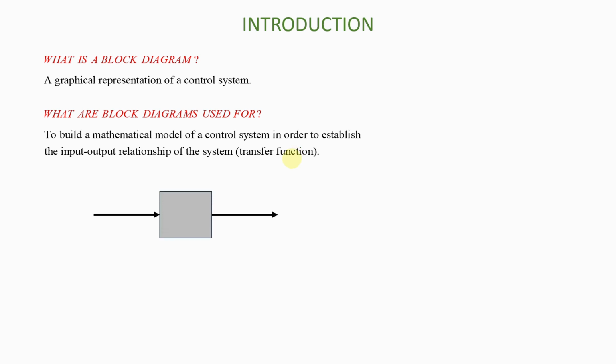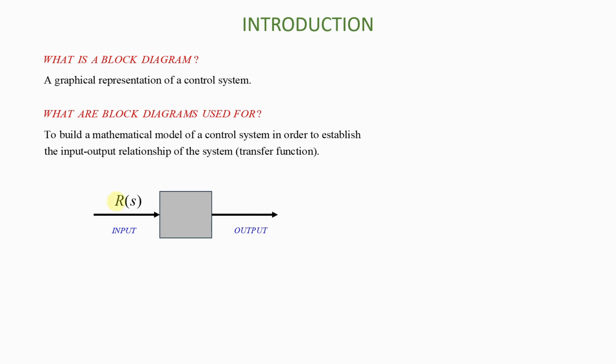And so what you're looking at here is a simple block diagram because you just have one block, and you can see you have one arrow going in and you have the other arrow coming out. The arrow going in will of course represent the input and the arrow going out of that block is the output. Now, in control systems, we usually use the letter R to refer to inputs, and this R is a function of S because we are in the Laplace domain.